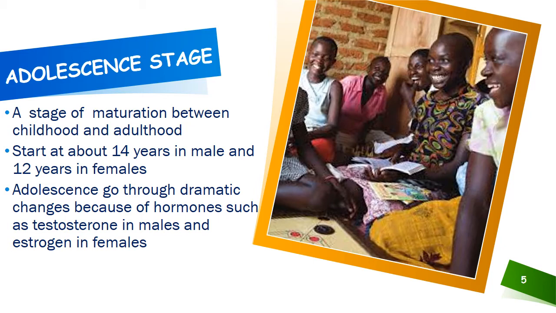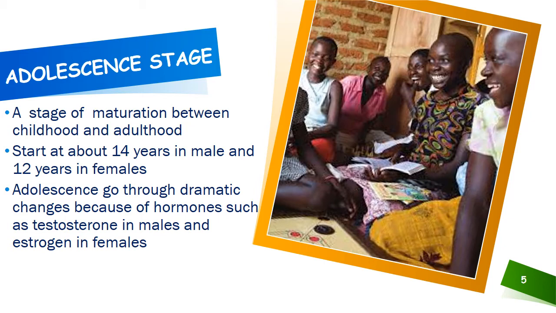In girls, nowadays, a girl can mature even at 9 years. So when we say it is 12 years, it doesn't mean that it occurs at 12 years for everyone. There's early onset, and maturation can also be delayed.